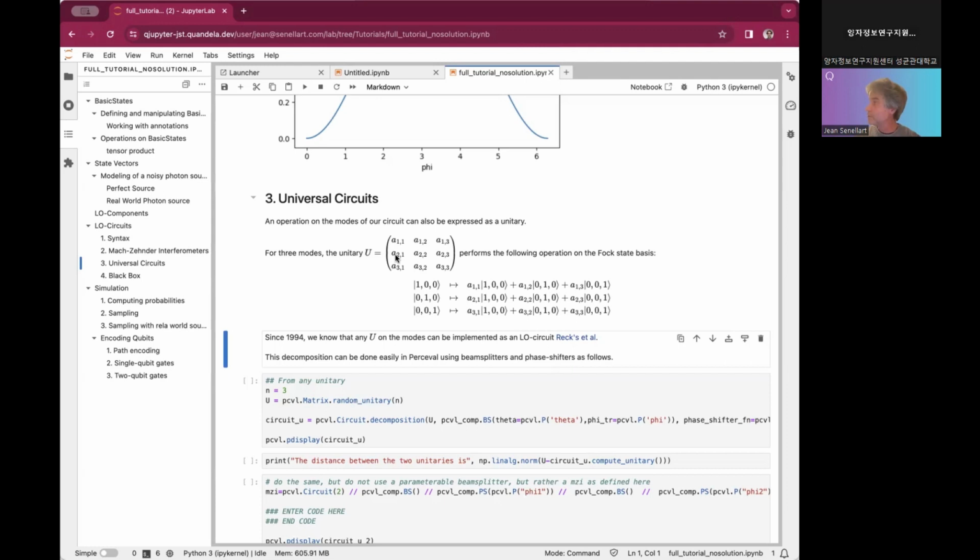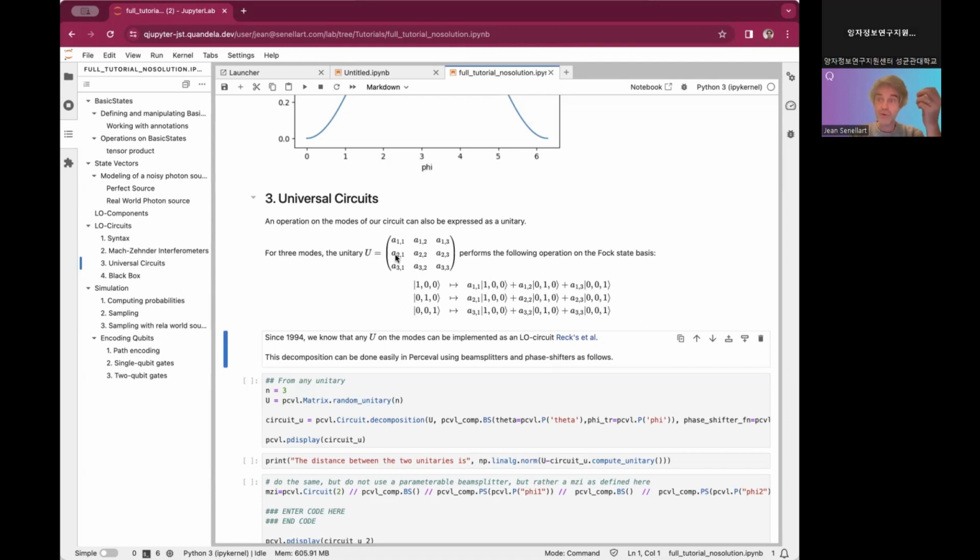And this is a very common need. In fact, every time we are doing some algorithm, you are designing a circuit. The circuit will have some shape that is exactly reflecting what you want to do. But you want to put that circuit on a photonic chip that has a different design.